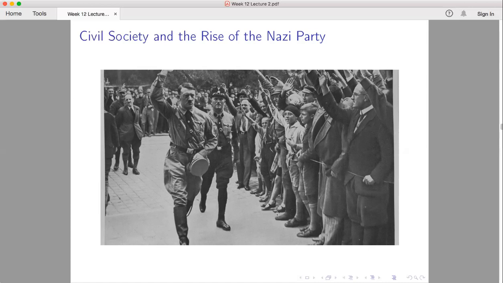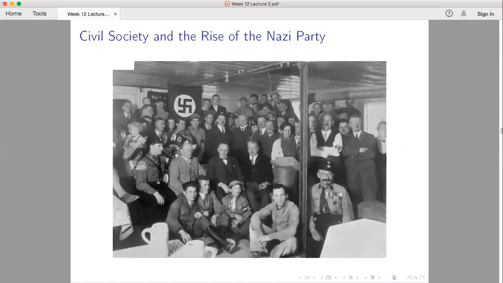But what the Nazi Party strategized in terms of trying to figure out how they might grow their political base is that they would try to infiltrate the robust civil society organizations that existed in Germany at the time in order to spread their message and get a real groundswell of support such that they could get a larger proportion of the vote share.